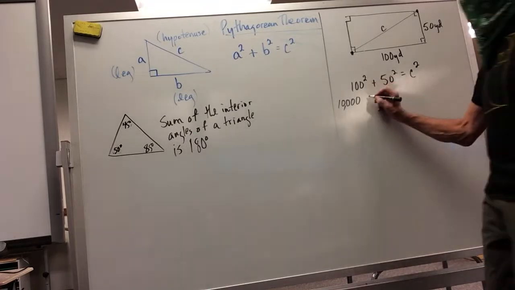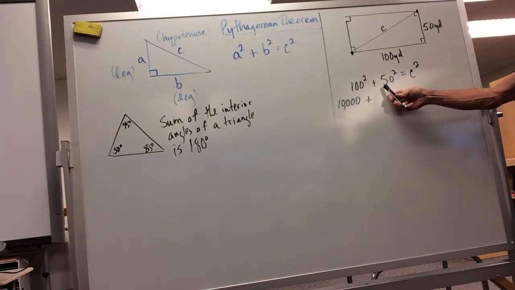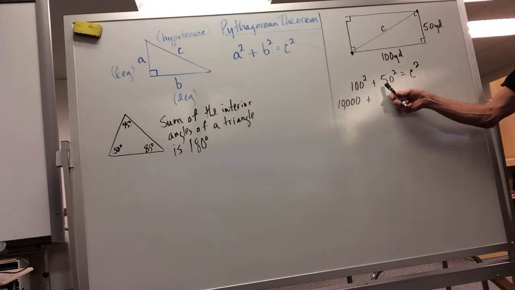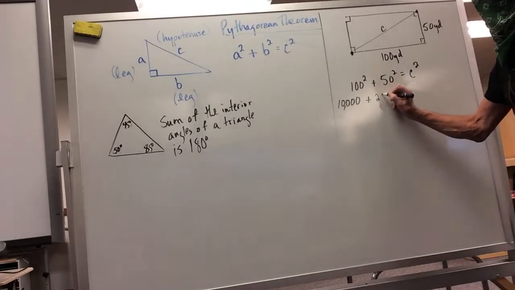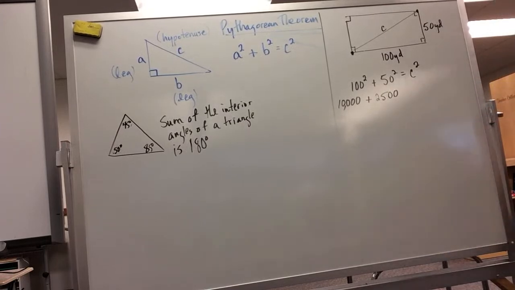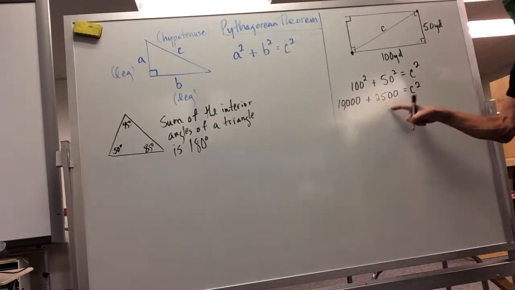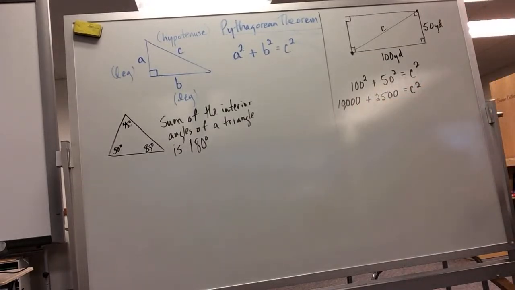Okay, what's 50 squared? 5 times 5 is 25, times 10 times 10 again, so it'd be 2,500. And that's going to be equal to C squared. So I add these up. What's 10,000 plus 2,500?